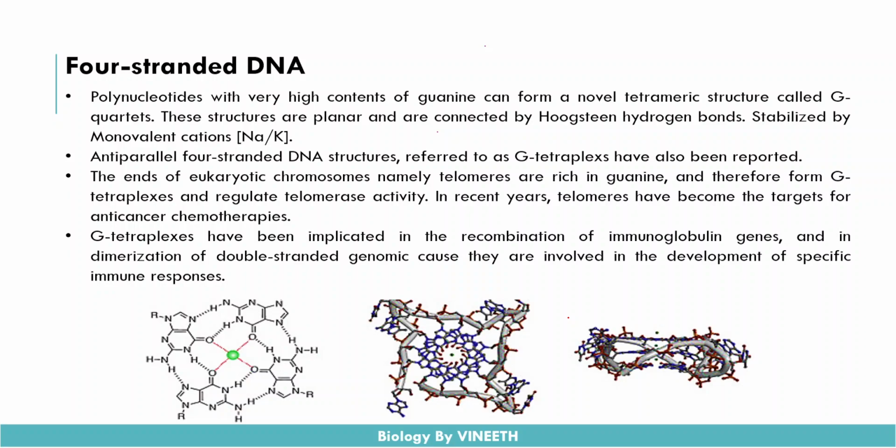In recent years, telomeres have become a target for anti-cancer therapies because they regulate the growth of cancer cells. Whenever you call a cell a cancer cell, that means this cell is rapidly growing without any gene regulation activities happening. So if you want to control the cancer cell growth, then you have to cut the telomere ends by activating the telomerase activity.